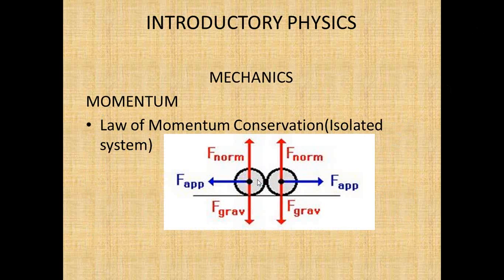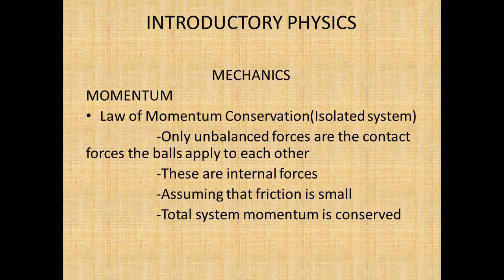So the force acting on this ball is going to be in that direction, and the force acting on this one is going to be in that direction. I will call those the applied or the contact forces. So this is an isolated system. The only forces acting between them are the contact forces.